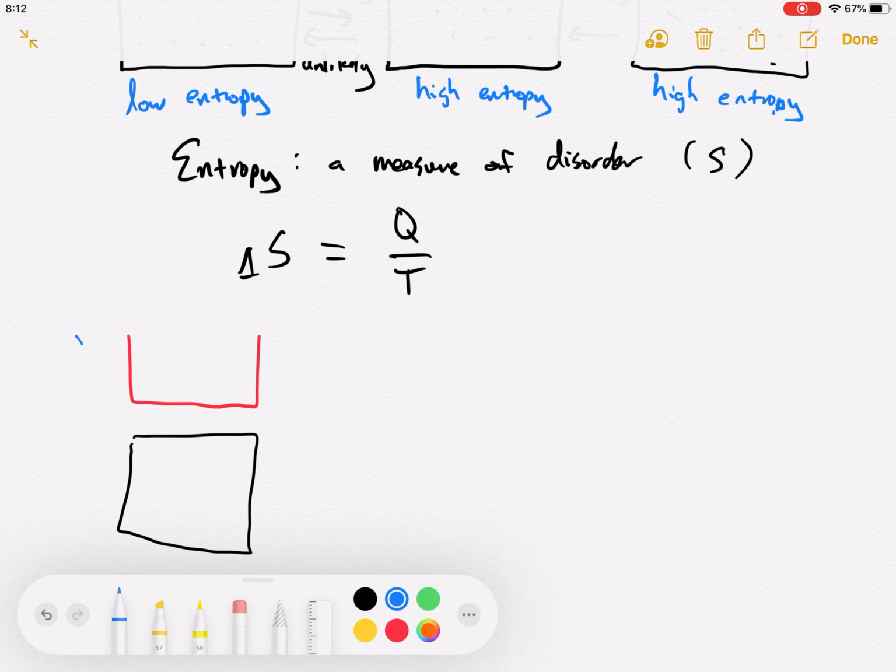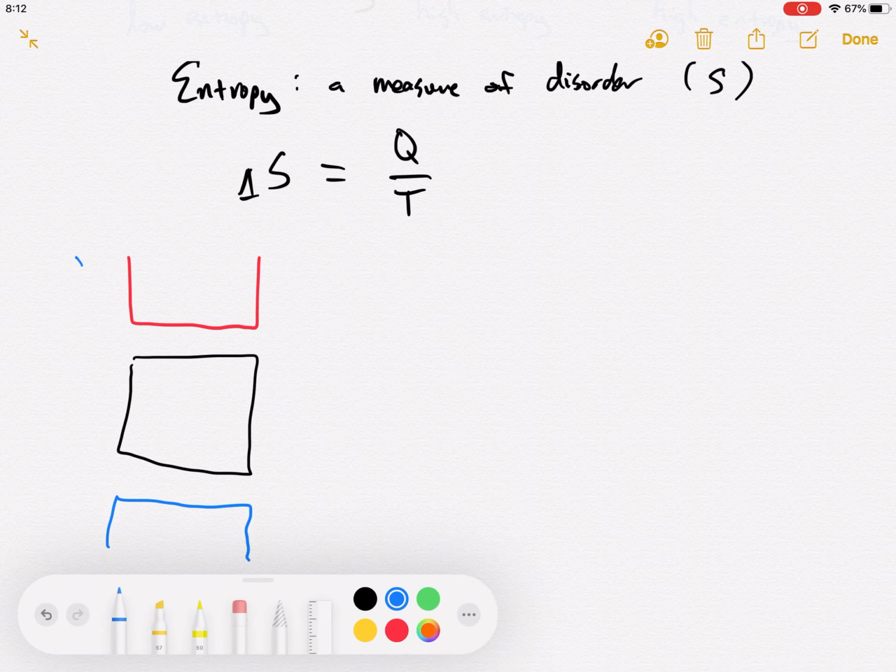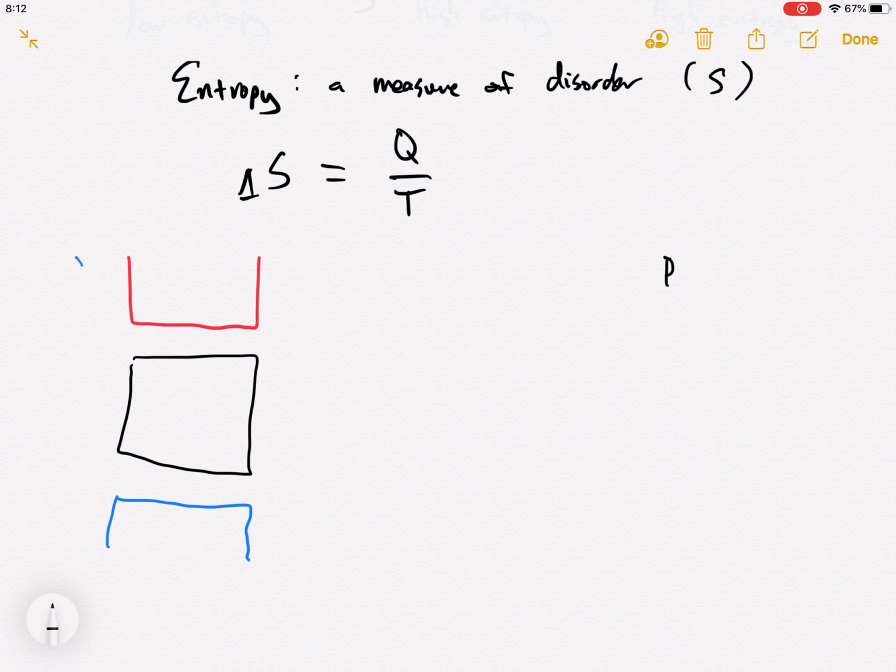Let me tell you that we've talked about state variables. State variables are things like pressure and temperature and number of molecules.